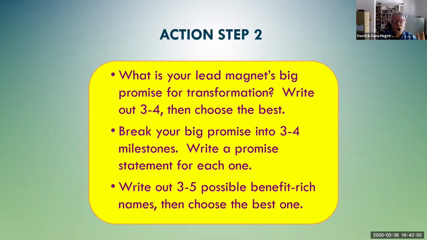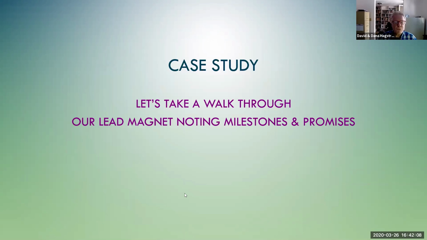Now, if you do all these things that I've said in these first 2 steps, the next step will be easy. In fact, I'm going to show you a lead magnet that Dana and I have done that will show you exactly how those things work for you.